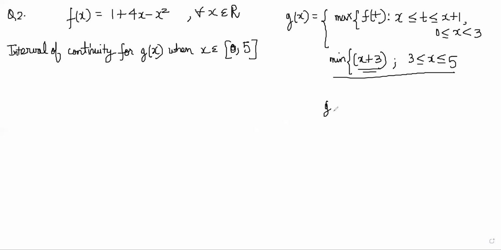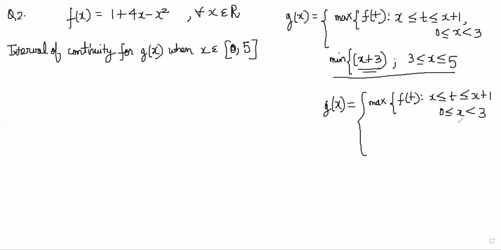So gx is this top part, maximum of ft such that t belongs to x to x plus 1 when x goes from 0 to 3, and 6 if 3 is less than equal to x is less than equal to 5, right?